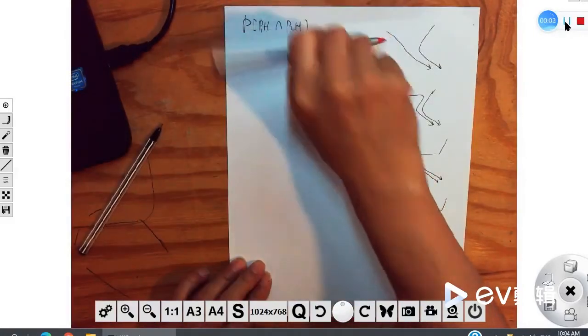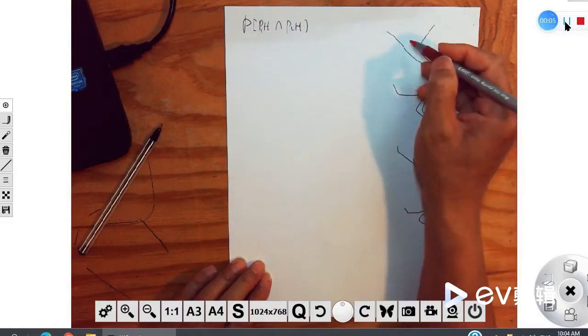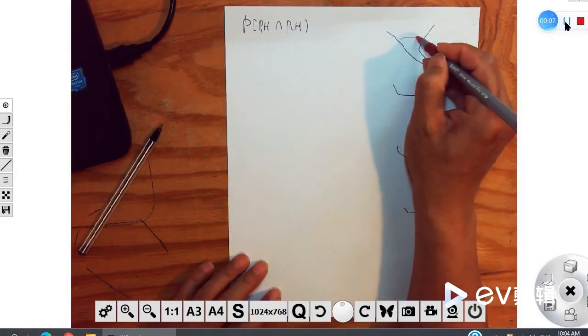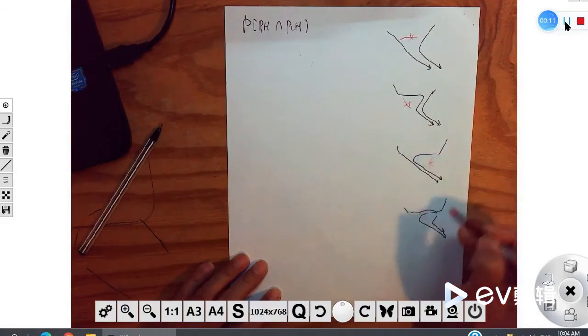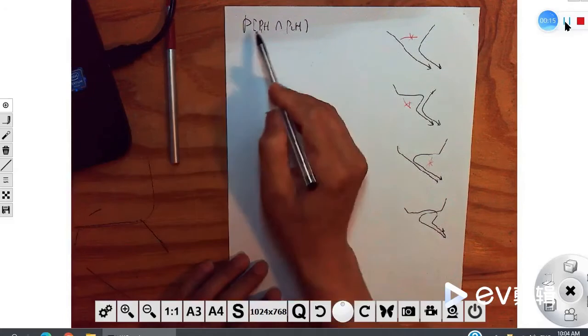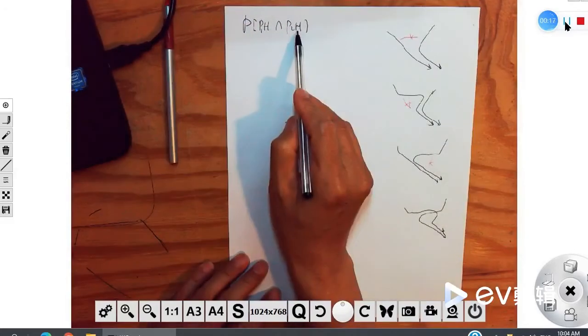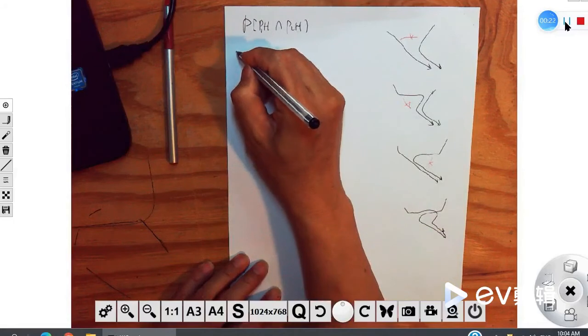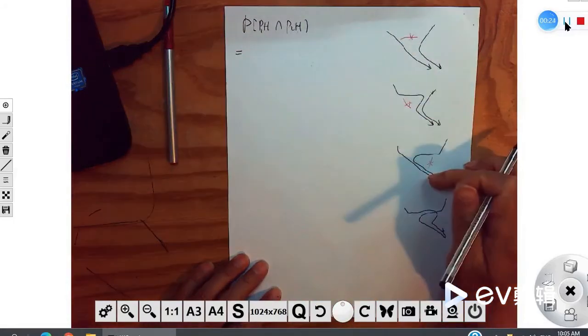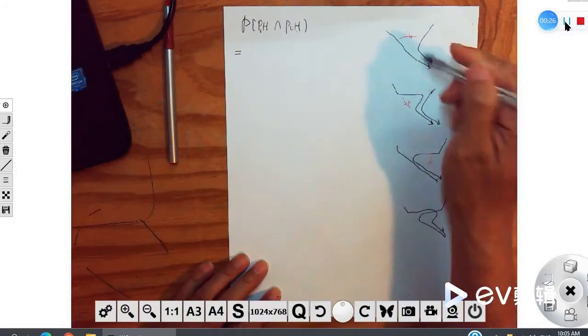Okay, so the 4 cases, so here's broken, here's broken, here's broken, and here all of them are connected. So the probability, this one and this one, then we have 1, 2, 3, 4, 4 cases. And each case, actually these 3 are same. All the paths connected, only one is broken.